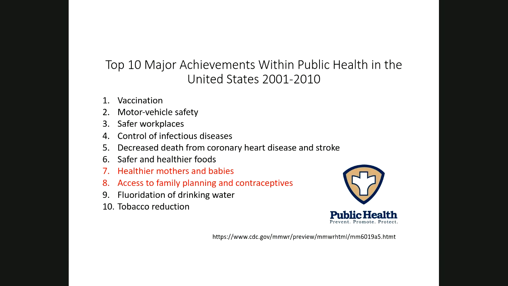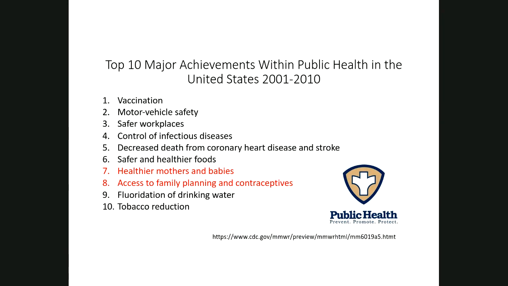And the reason why this was dedicated as one of the top achievements is because around this time we did see a reduction in number of infants who were born with neural tube defects, and we had expansion and screening for newborn metabolic as well as heritable disorders. But we all know that we still have work to do in these areas.